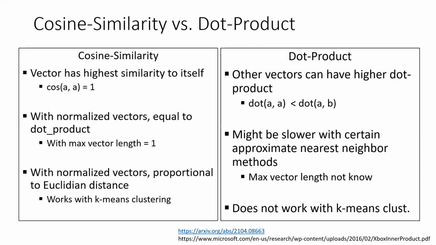And then you have to do some complex operations to transform your vectors to a normalized vector space, which is quite complicated. So in summary, it can be slower and harder to use with certain approximate nearest neighbor methods. And if you train with dot product, it does not work with k-means clustering. So k-means clustering is not compatible with dot product.